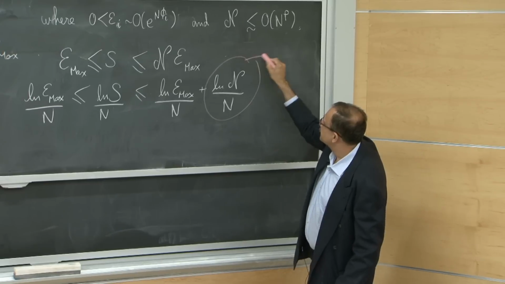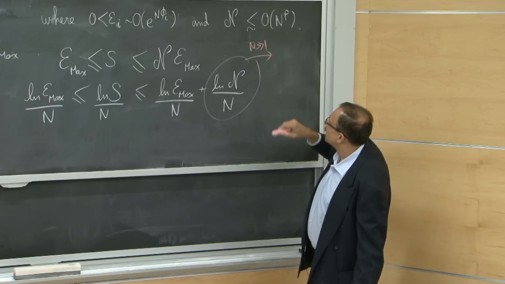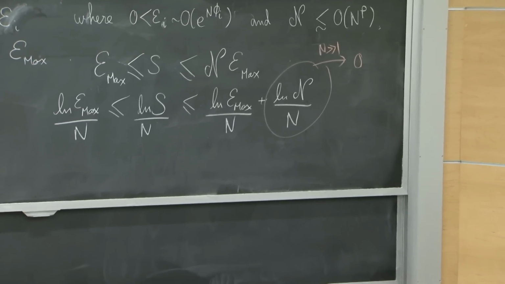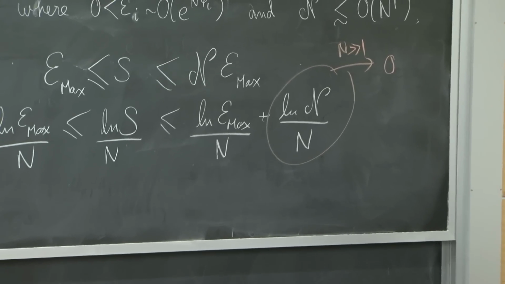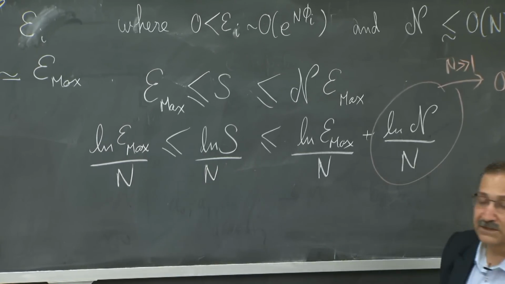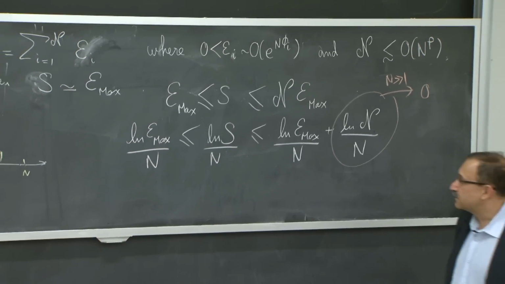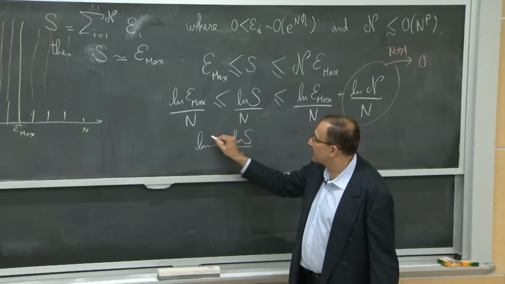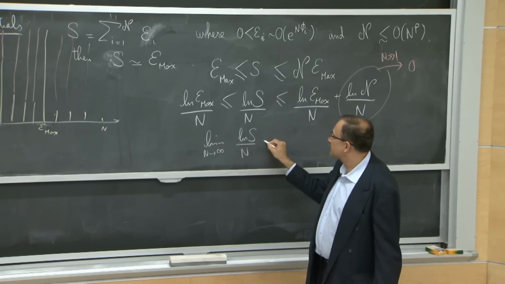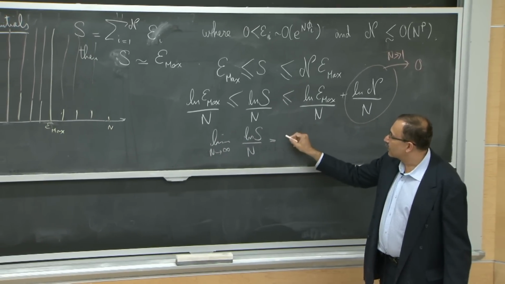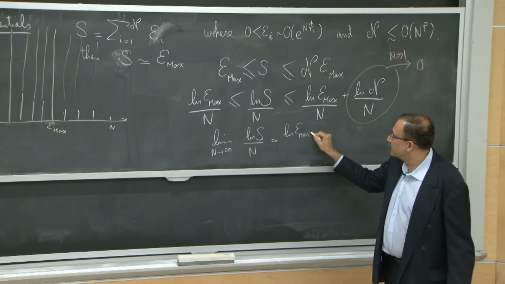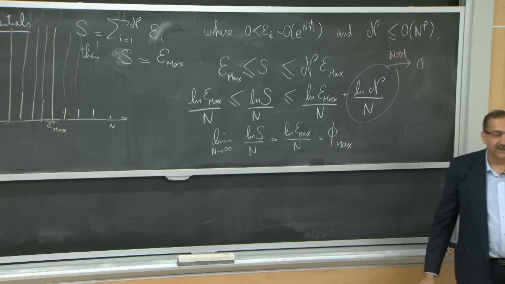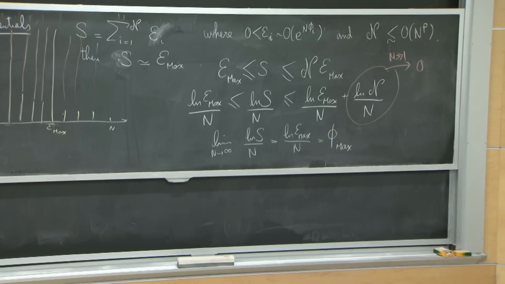And the limit of this as n becomes large is 0. Log n over n goes to 0 as n goes to infinity. So basically, this sum is bounded on both sides by the same thing. So what we've established is that essentially the limit of log of S over n as n goes to infinity is the same thing as log of epsilon max over n, which, if my epsilon maxes have this exponential dependence, is this phi max.